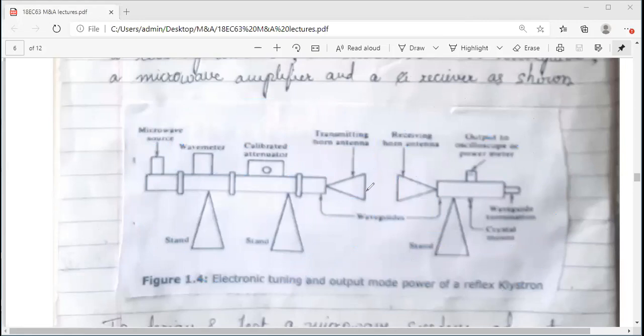Here, a waveguide is a medium which will guide the wave towards the destination. At the receiving side you'll be having some setups. Again, no need to bother what each component or device does. You should know how a general microwave system looks.